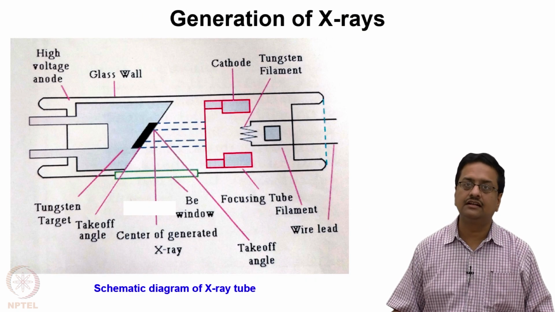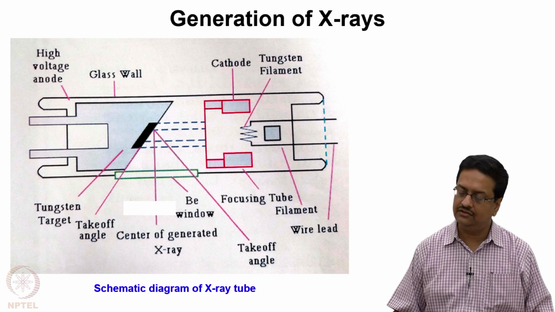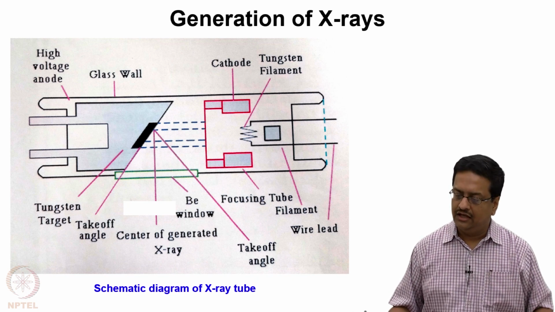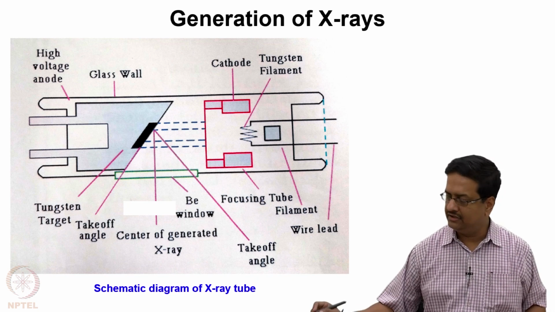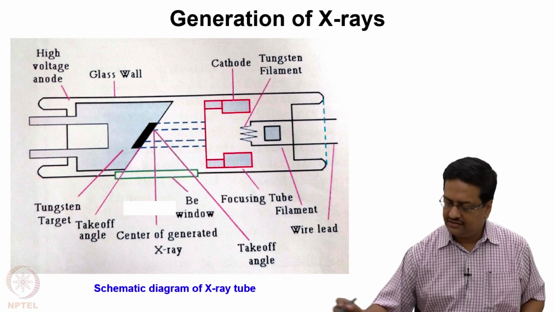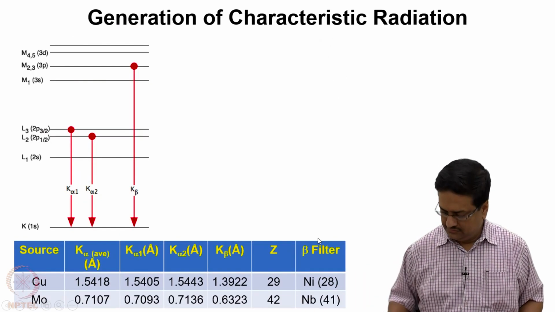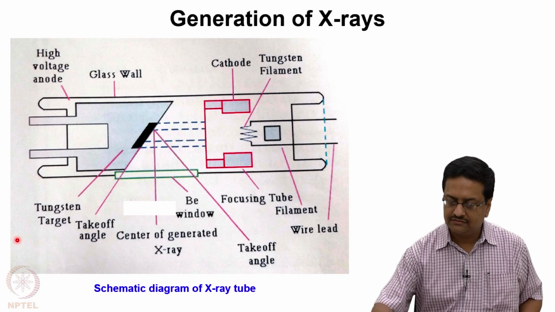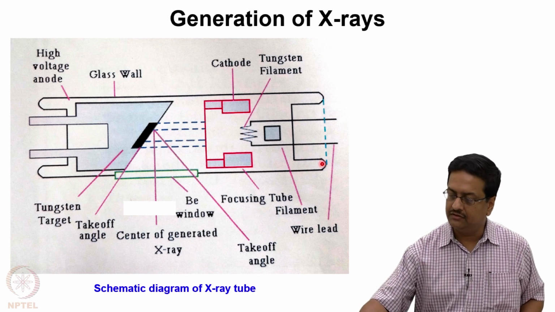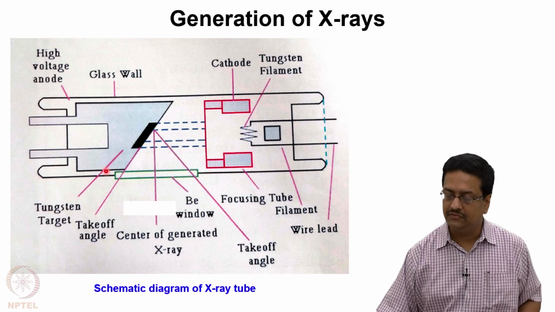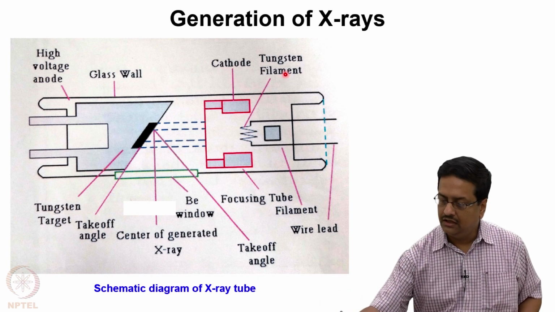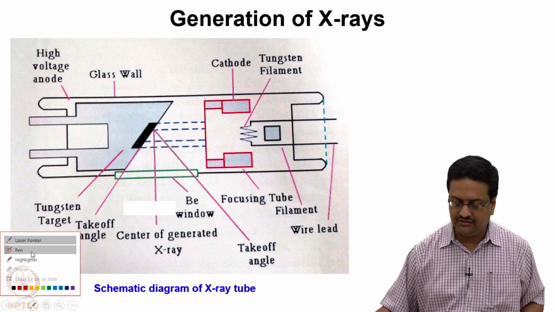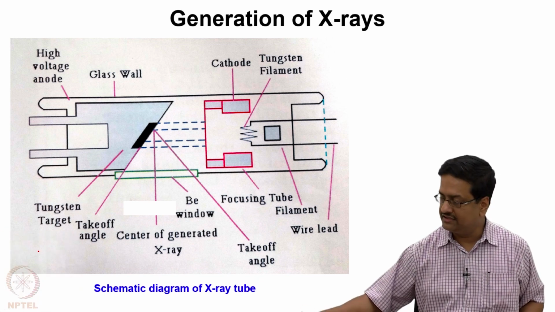Now this is the generation of X-rays, and what we are trying to understand now is how the X-ray tube is built and what parts we have in an X-ray tube. This X-ray tube is a glass walled tube kept under high vacuum, and there we have a tungsten filament which is used to generate electrons inside this evacuated chamber.